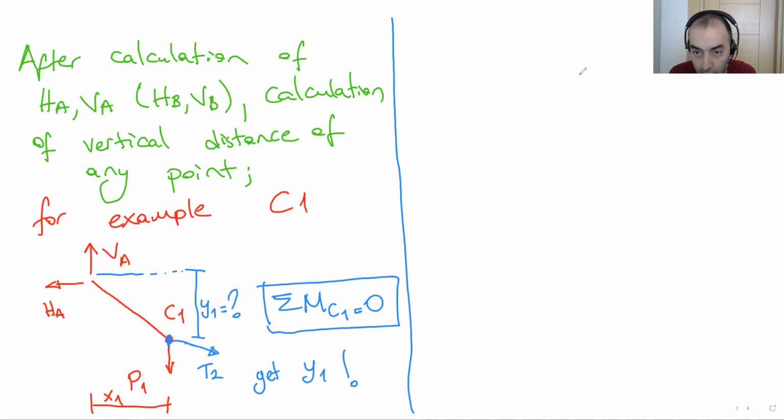From here, for example, this point is C1, and I have an external load at C1. In the cable directions, we have tension forces. Remember how we represent a tension on a point. If a force goes out from the point, that's the tension. If it goes in, it's compression. So I'd like to draw the tension force here.